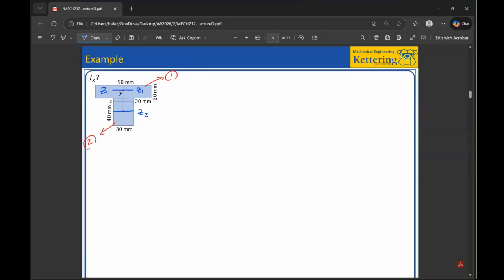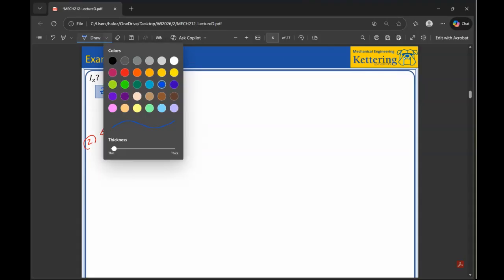So the offsets, remember that they're between the overall z, this is d1, and the axis going through the centroid of that object. So this is d2. We need to know d1 and d2 values so that we can calculate our I.